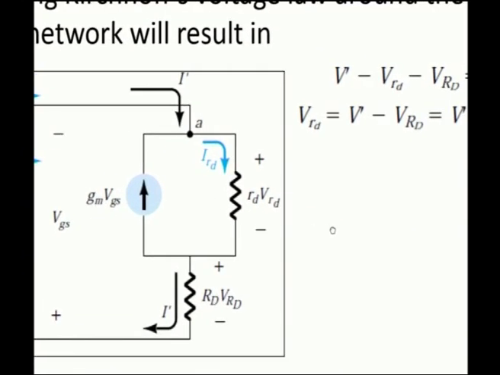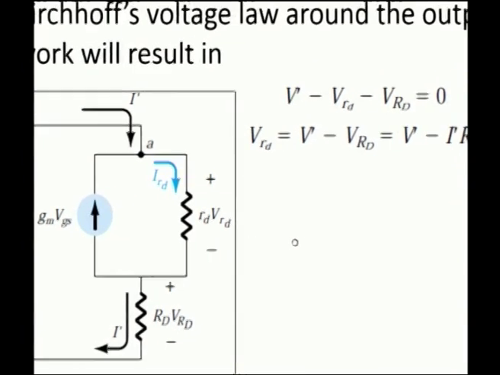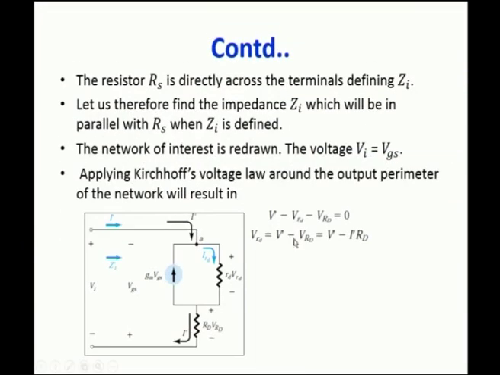It is the applied voltage minus the voltage drop across all the resistances. So, V' is the voltage at this point. So, V' minus the voltage across the resistance rd, the internal resistance rd.